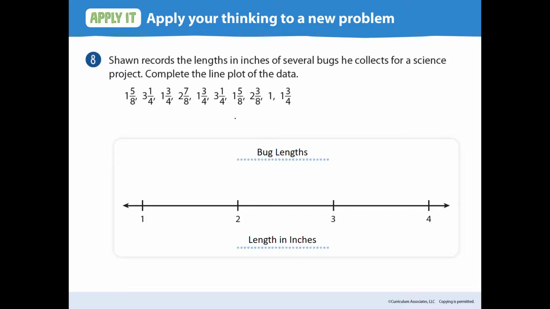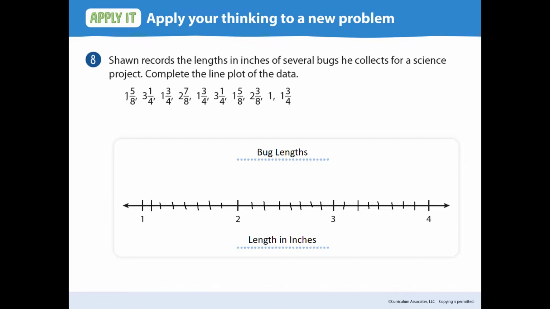And I'm looking at the fractions, and I am going to choose to divide each of these whole numbers into eighths again, because I see my smallest unit fraction here is eighths, and all of these fractions can be equivalent to eighths. So we'll divide this. Okay. And let's go ahead and start plotting.